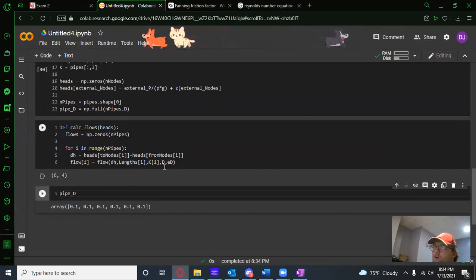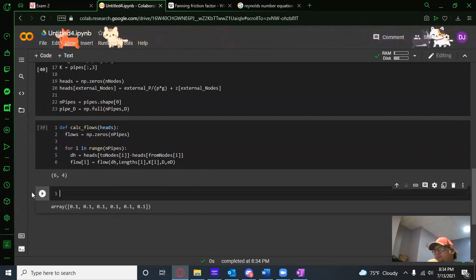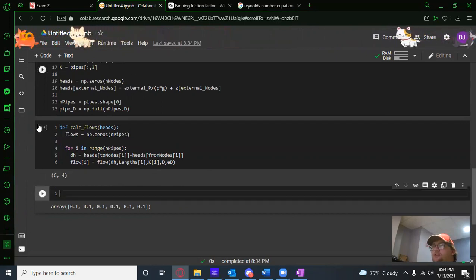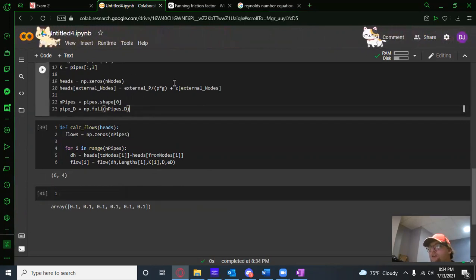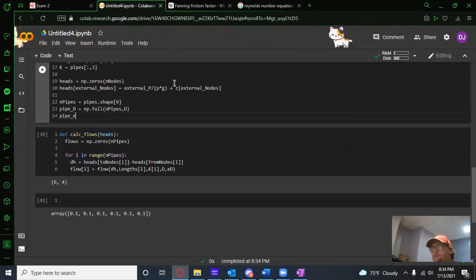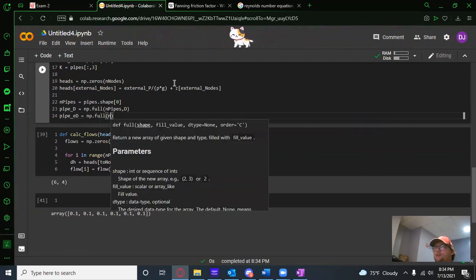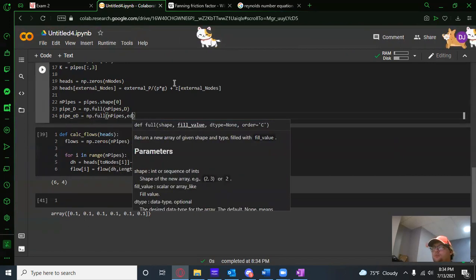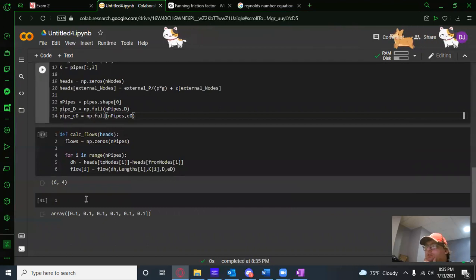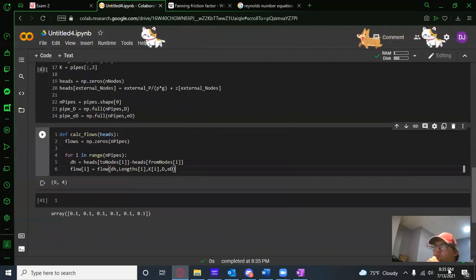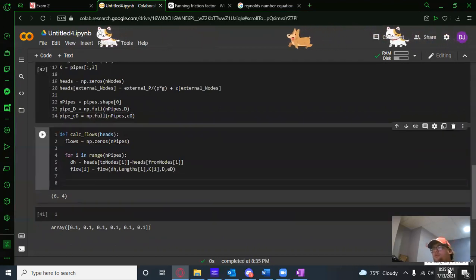But since they are all the same, I'm just going to leave it as D and ED. Now, if issues do come up, I'll just switch back to the pipe D and then pipe ED. And then after iterating through all those, it'll return the flows.